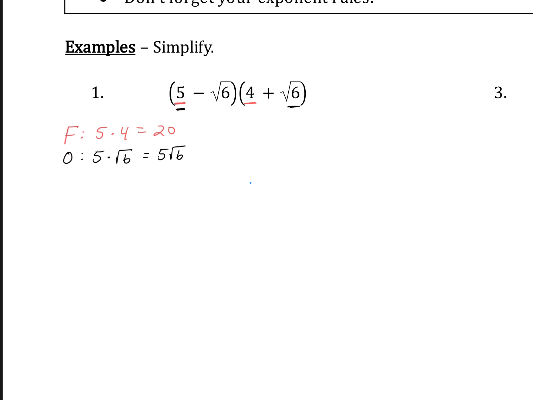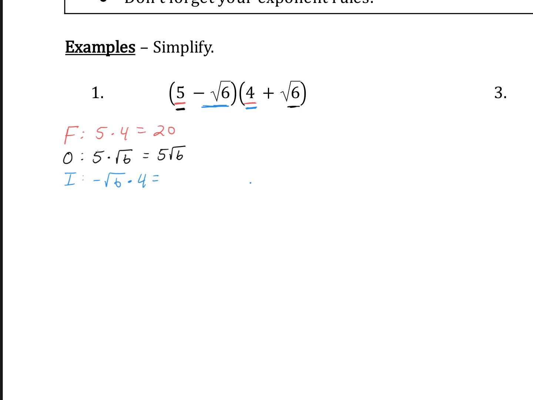All right, now let's look at our inside term. Well, negative root 6. Remember to take your negative here. Negative root 6 times 4 is an inside term. Again, I'm going to squish these together. Negative root 6 is really negative 1 root 6, but we don't write the 1 all the time.